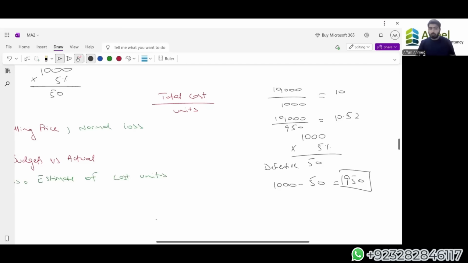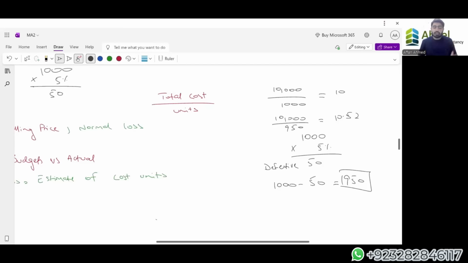That is normal loss for you and absorption of normal loss per unit. This is done in the planning phase because we are trying to identify the goods cost so that we can find an adequate selling price and recover the loss that we anticipate. So this is how a normal loss works.